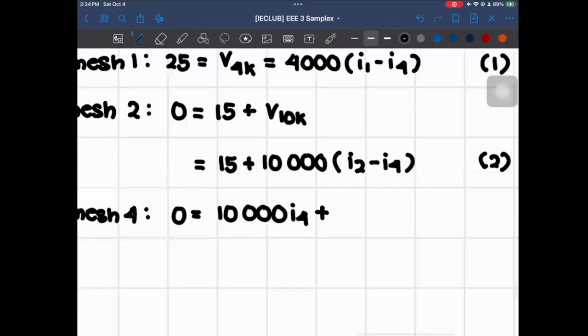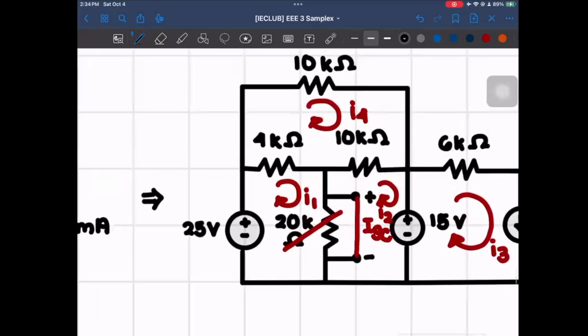plus 4,000. Here it is in between I4 and I1. And I4 and I1, as we already noticed a while ago, are going opposite directions. So this time it's going to be 4,000 times I4 minus I1, since the direction should be with respect to I4.